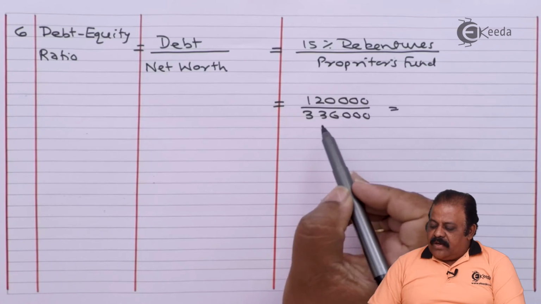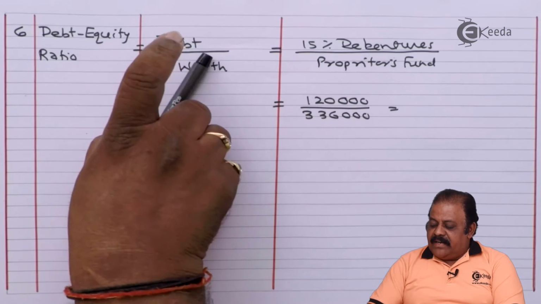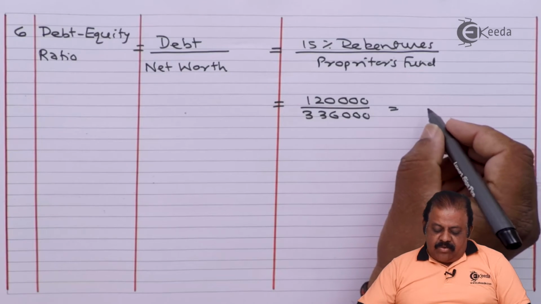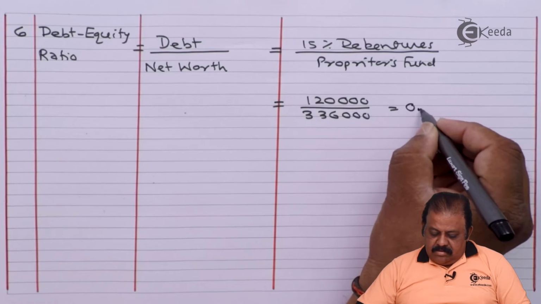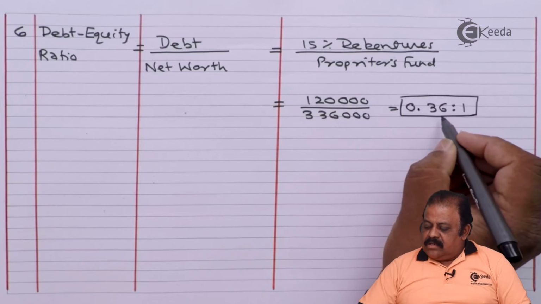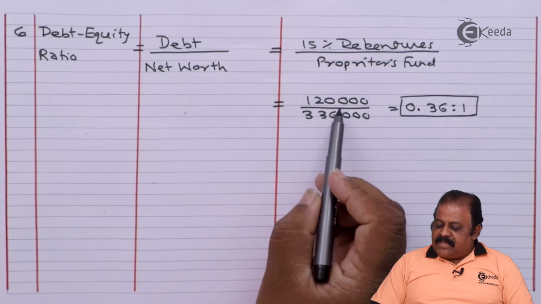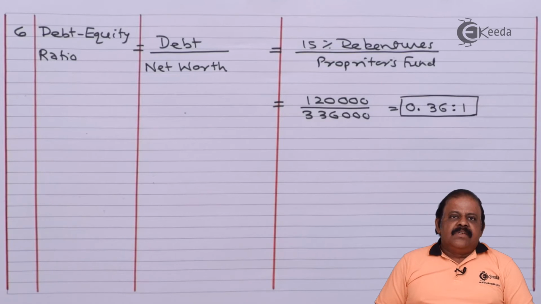Proprietor's fund already we have calculated 3,36,000. 15% debentures is 1,20,000. So debt equity ratio comes to 0.36 is to 1. Here company is having less debts and more proprietors fund. This is good for long term solvency of company.